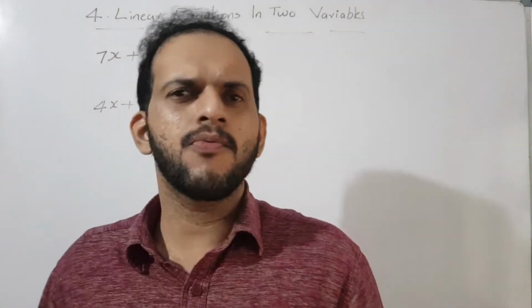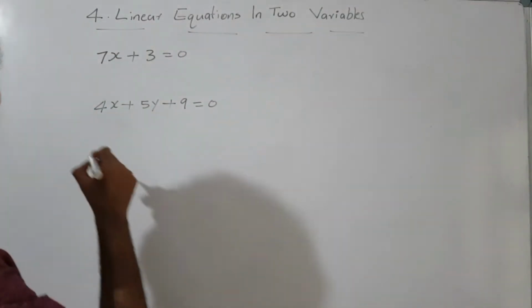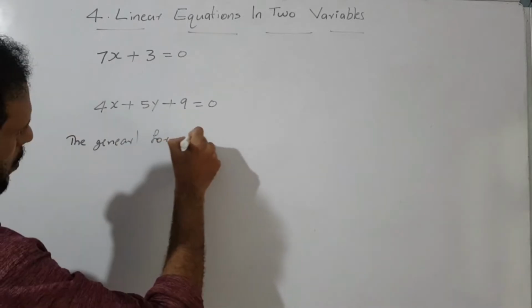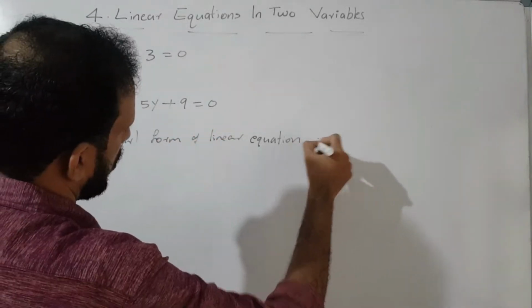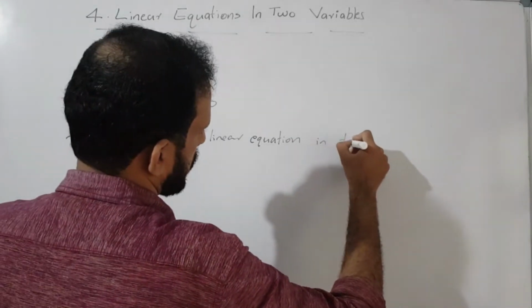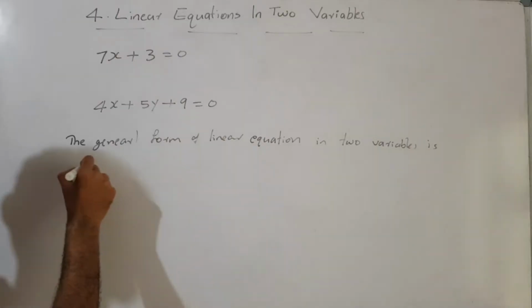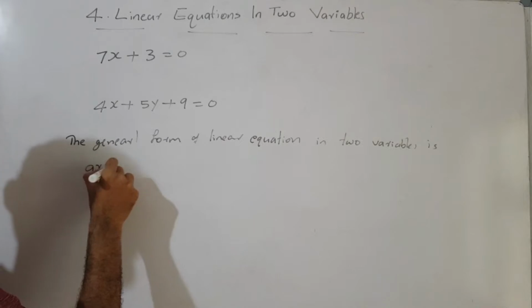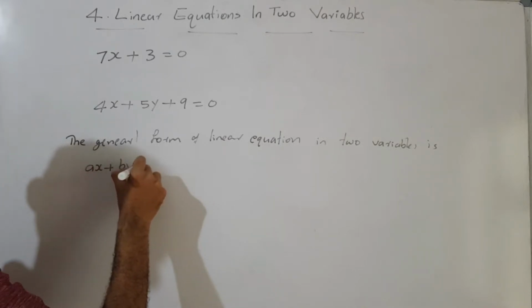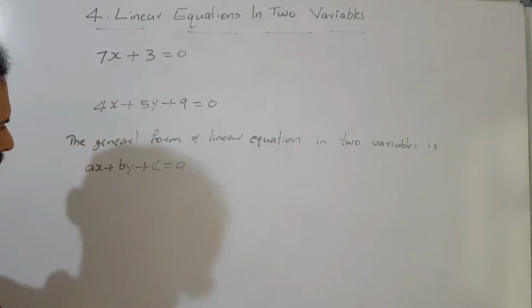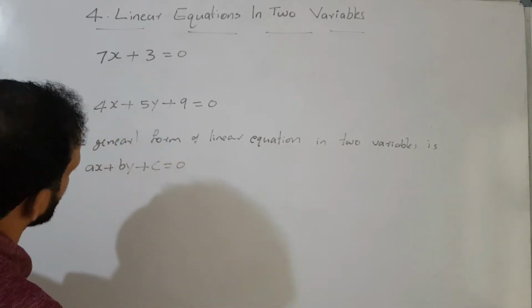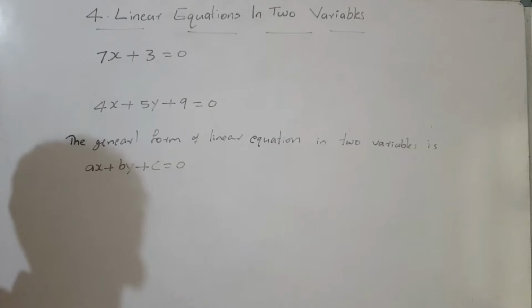So the general form of a linear equation in two variables is ax plus by plus c is equal to 0.